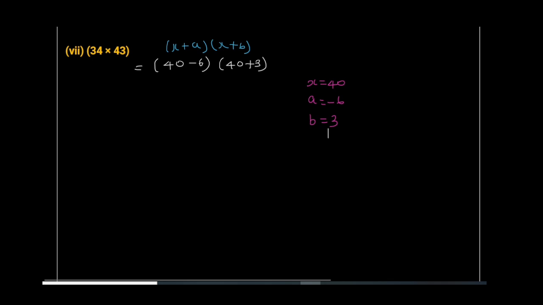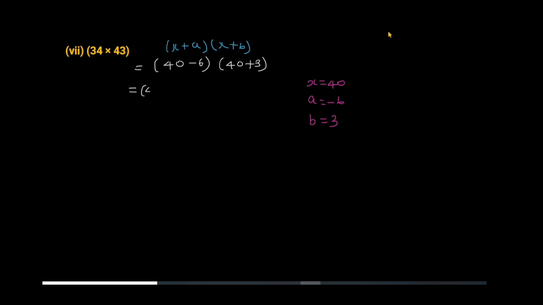So let's find the answer using the identity x squared, 40 squared, plus a plus b into x plus a into b. So 40 squared is 1600 plus minus 6 plus 3 will give minus 3 into 40.